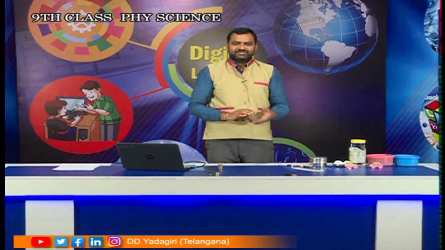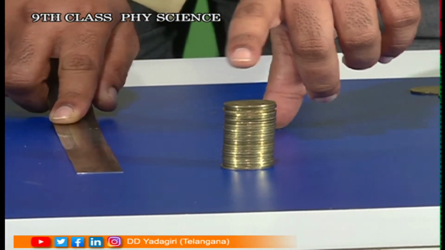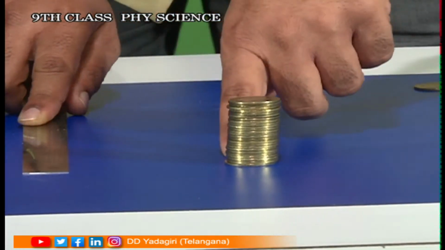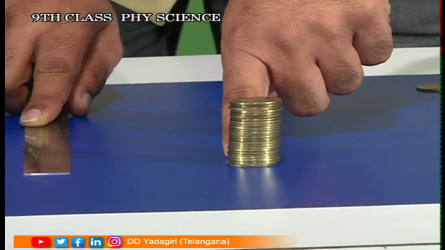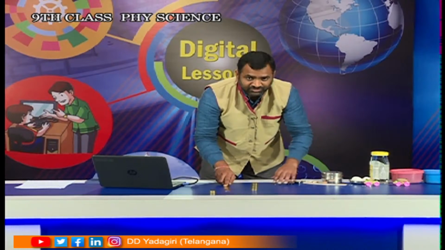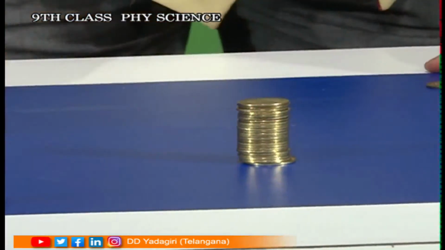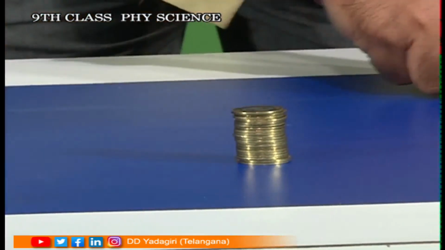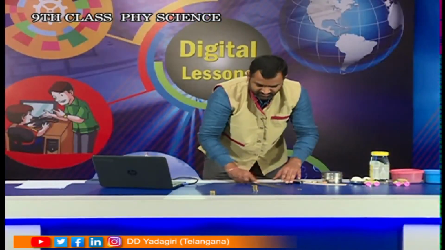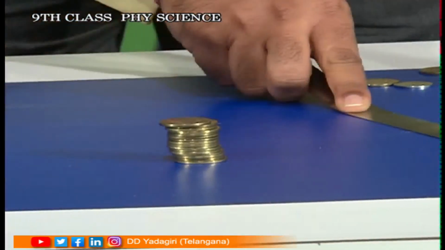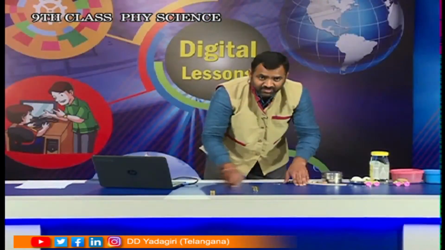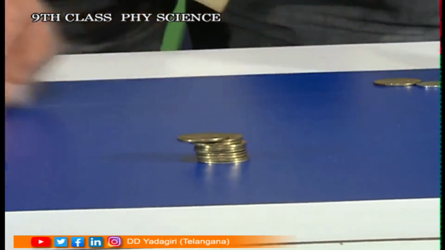Let us do a similar activity with a stack of coins. Here I have a stack of 10 rupee coins and I am going to hit the bottommost coin with a ruler. Watch it. That was very funny, right?